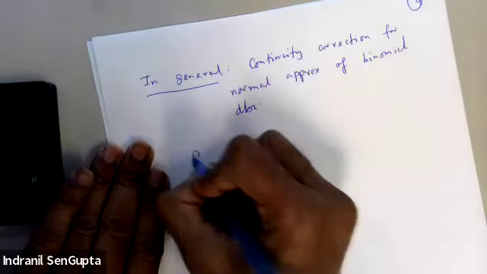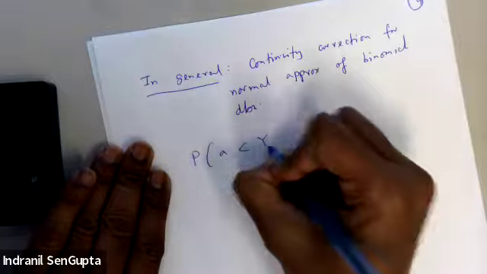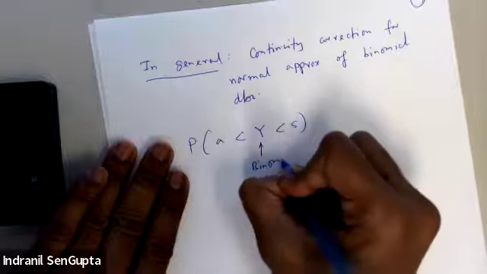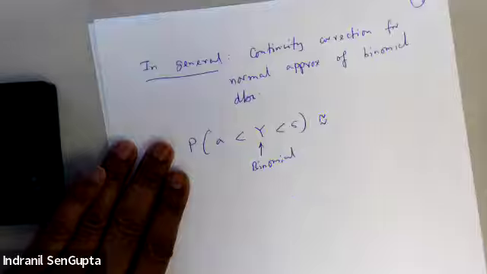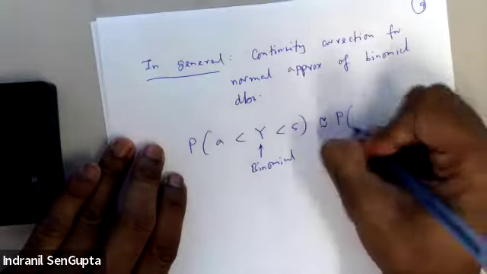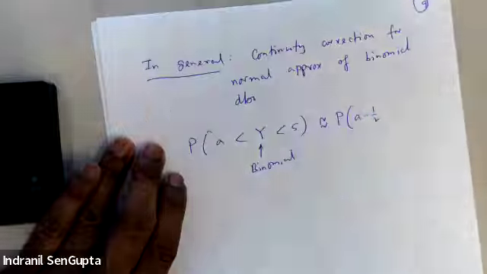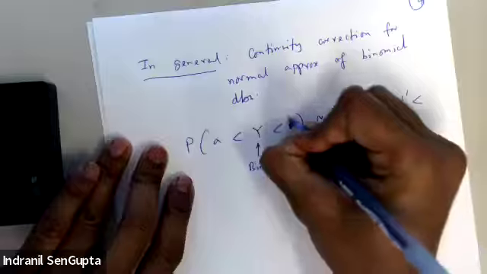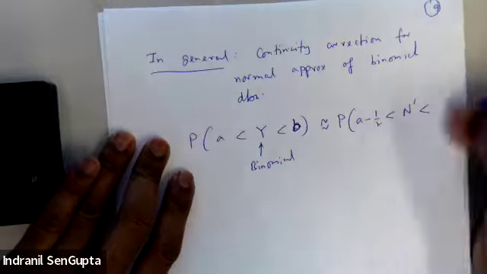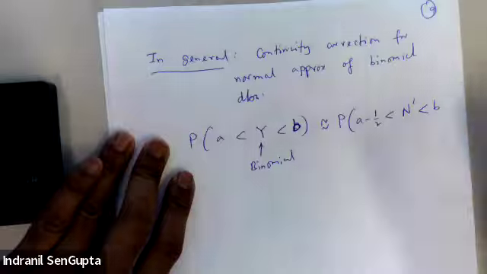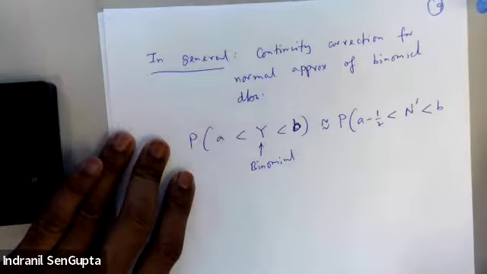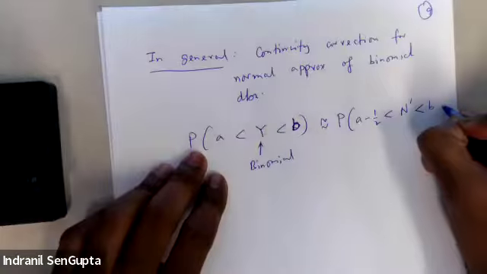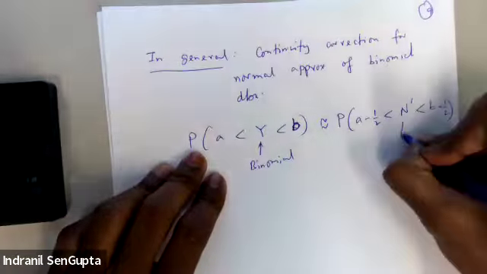It is given by: for P(a less than y less than b), where Y follows a binomial distribution, we can approximate this by writing a minus 1/2 less than n prime less than b plus 1/2, where n prime is normal.